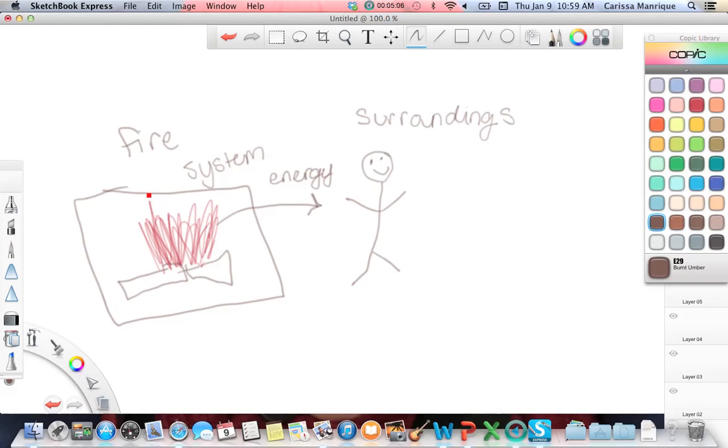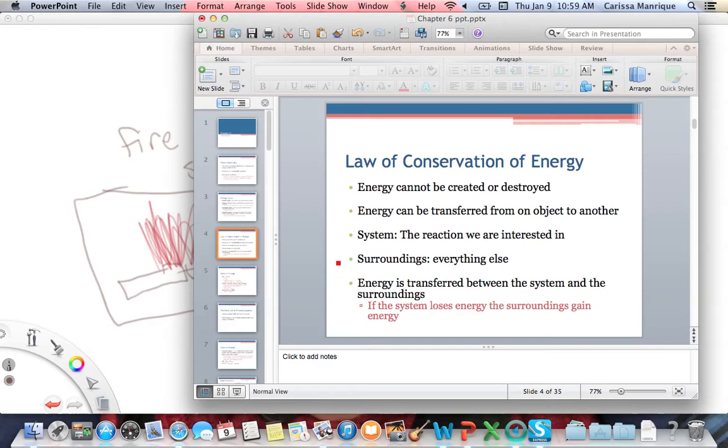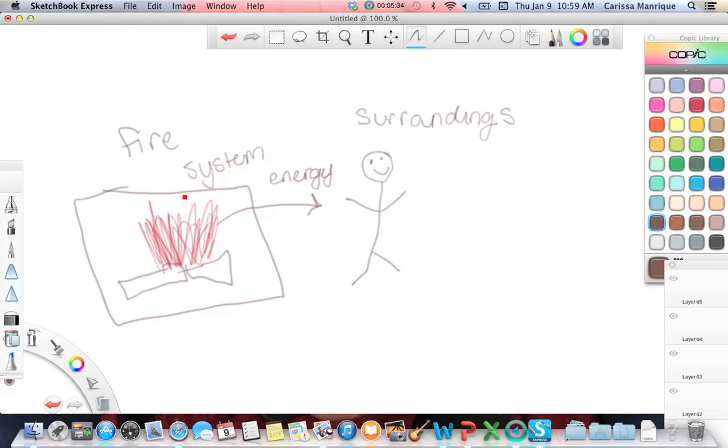So we have a system, the fire, and that fire is transferring heat to everything else, to the room, to me, to everything. That's what we're looking at with thermodynamics. There's a system that you're analyzing, and your surroundings are everything else. Your system and your surroundings transfer energy back and forth to each other. Everything's conserved, so all the energy that's released is now put into this room, all that heat. Nothing is ever lost.